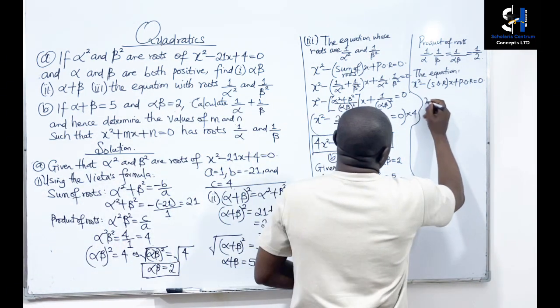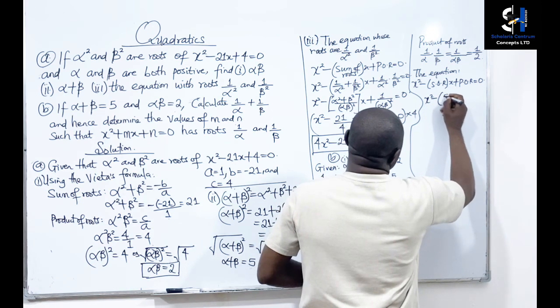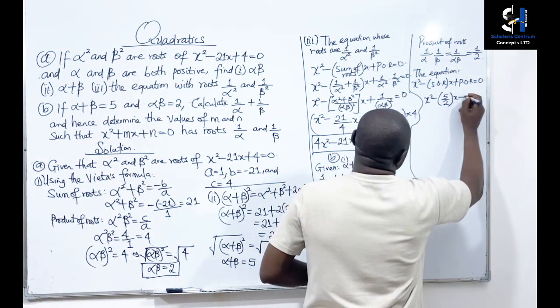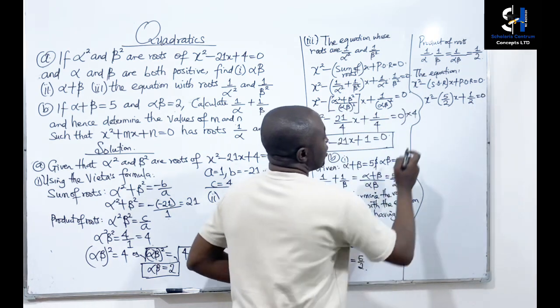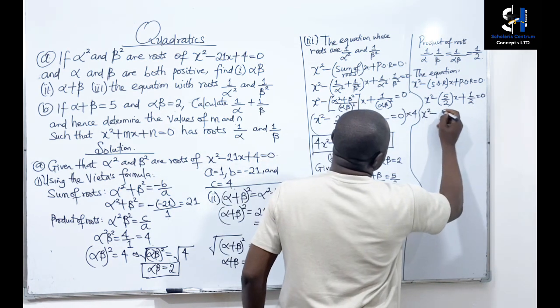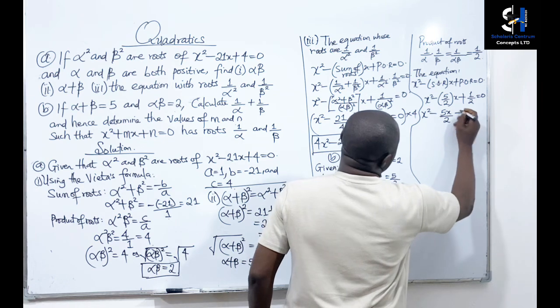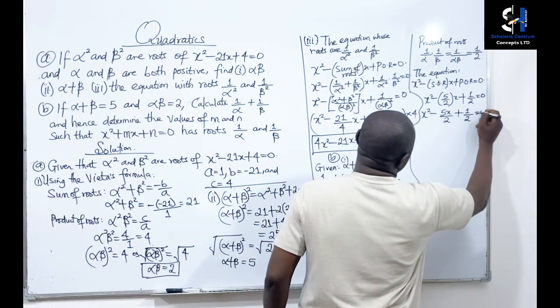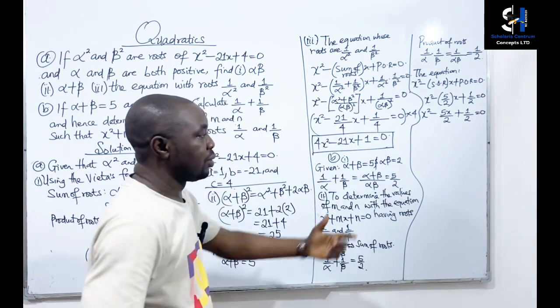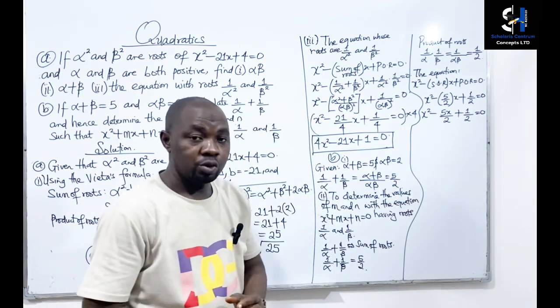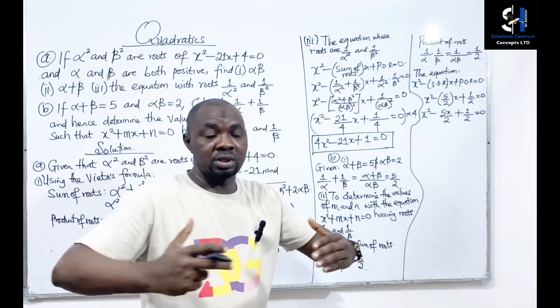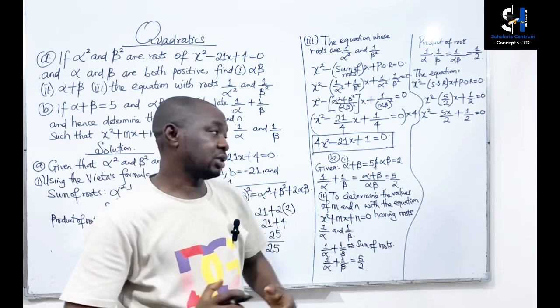So this will be x squared minus 5 over 2 times x plus 1/2 equals 0, which becomes x squared minus 5x over 2 plus 1/2 equals 0. Now we can multiply this equation by 2 because we want to write it as a standard quadratic equation.